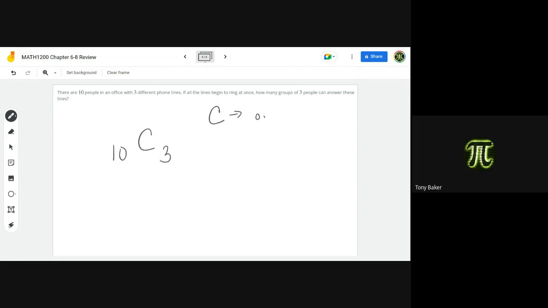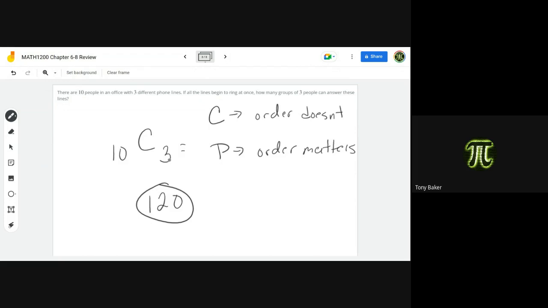C is combinations and P is where order matters. So use the nCr, 10 choose 3. And there's 120 different ways. There's 120 different groups of 3.